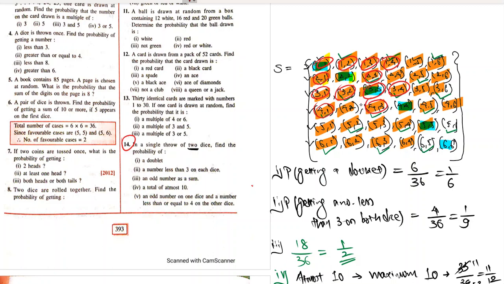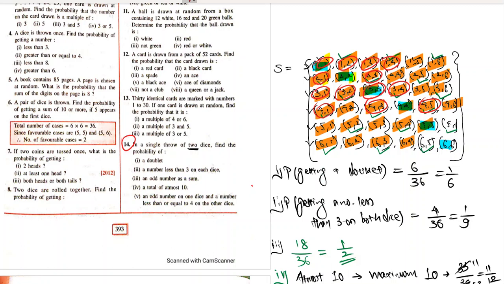Odd number on one dice and number less than or equal to 4 on the other dice. 4 comma 5 will not do, because odd number is, yeah, 4 comma 5 is okay. 5 is an odd number and the other number is 4 or less than 4, so that is okay.